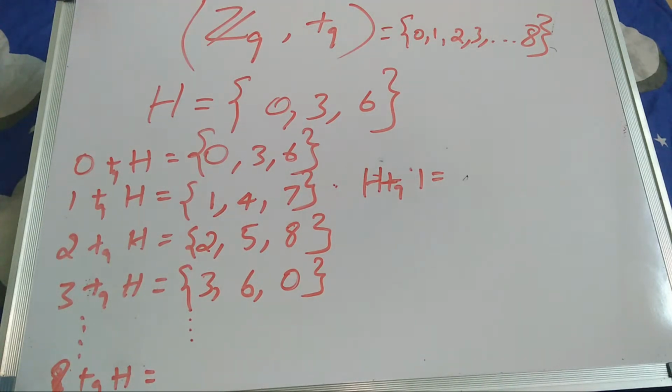Okay, Mahesh says that this will be a normal subgroup, that is, every left coset and right coset will be the same. Can you give us the reason, Mahesh?